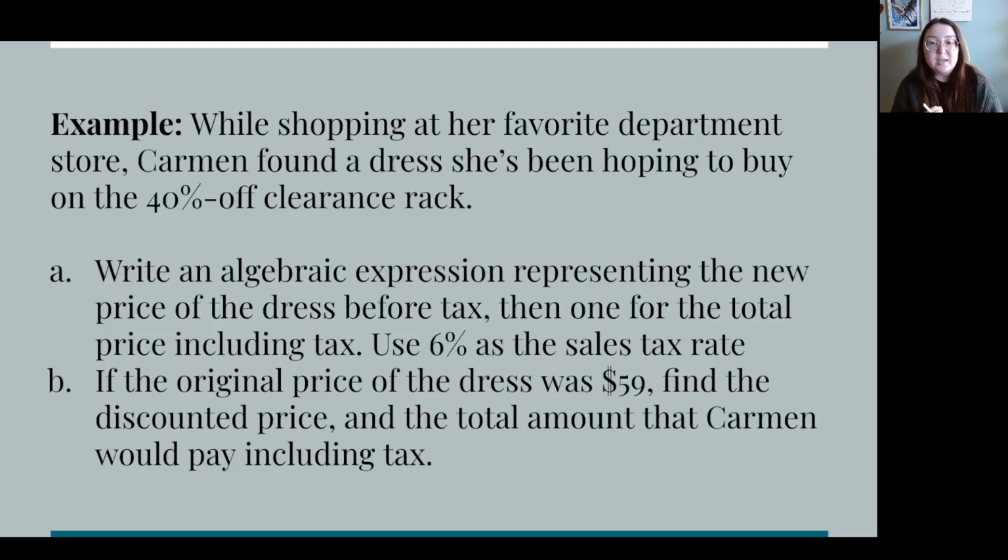And your sales tax, which is 6%, will go onto the price of the discounted dress. So we'll use the expression of the discounted dress and take 6% of that and have to add that on because tax is added onto a price of an item. Then once we've done that, then for B, we will use the price of $59 to actually calculate the value of the dress that Carmen buys. So let's go ahead and do this together in our notes.